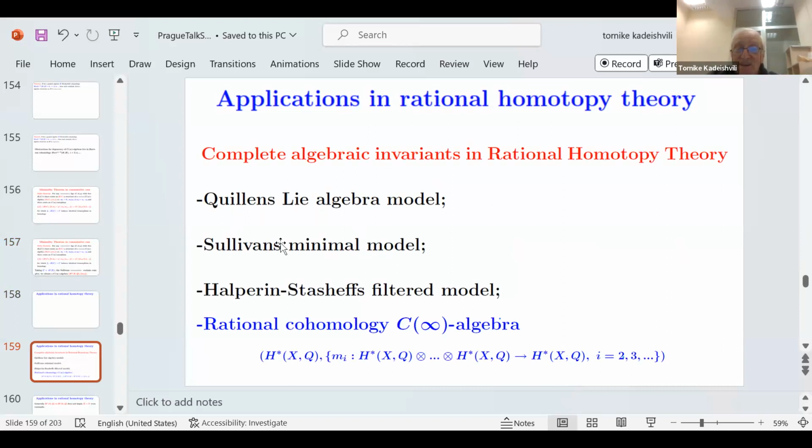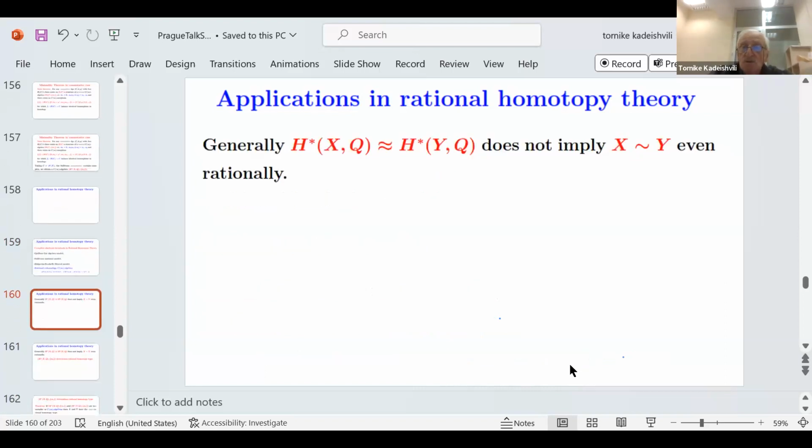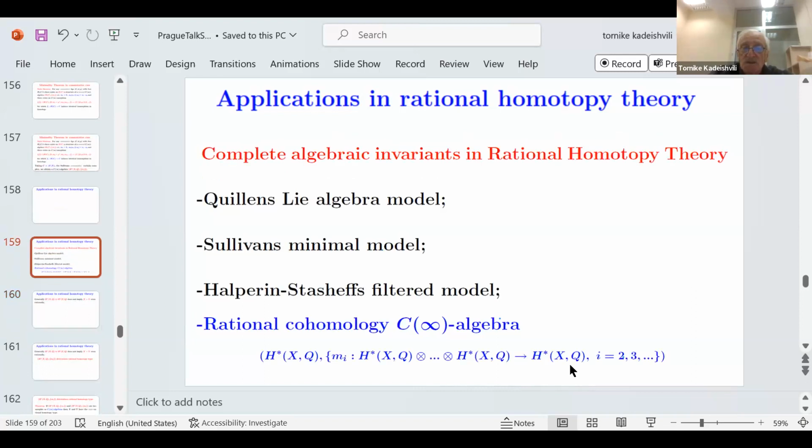Before Sullivan, some years before, Quillen managed to produce the Lie algebra which describes it, then Sullivan himself in 75, I think, Halperin and our friend Stasheff, and also what I am saying now, cohomology equipped with a C-infinity structure. It is a complete topological invariant.